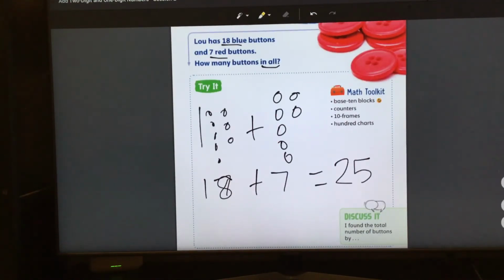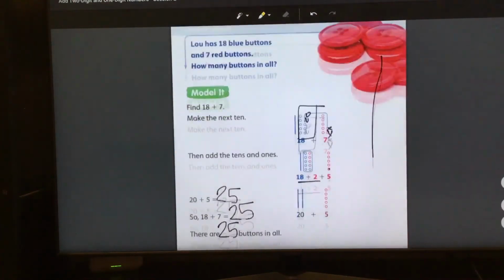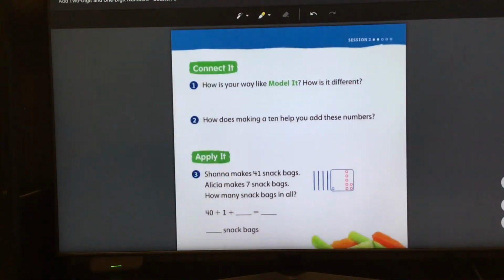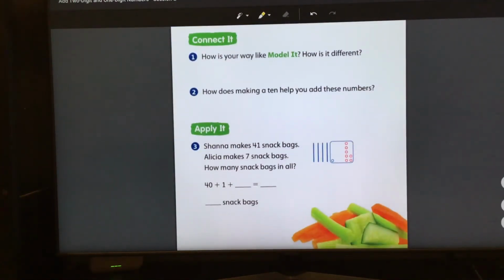I'm not going to count all of them, but it goes faster. So here where it says, how does making a 10 help you add these numbers? We're going to say, it helps us count faster.